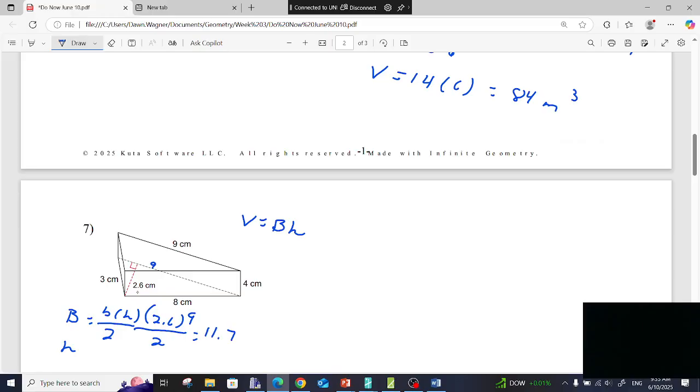So what's the distance between the two triangle bases? 4. This here is your height, because it's talking about the height of the whole prism, which is just the distance between the two bases. So volume is equal to 11.7 times 4.